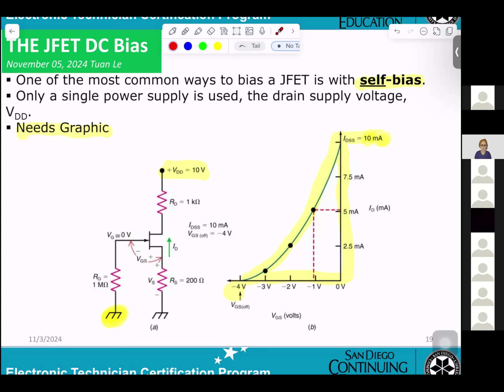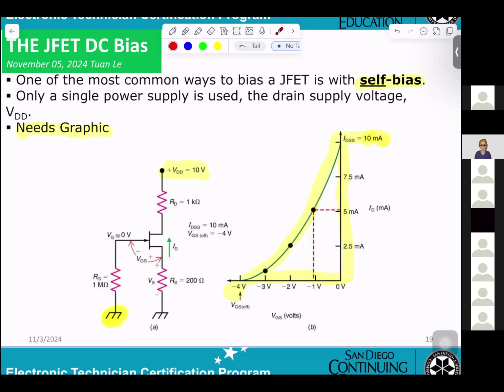So normally, if you go up to the engineering level, then you need to do a calculation with the graph. Okay. However, for technicians, if you're reading a technician textbook, they do not try to use the graph.